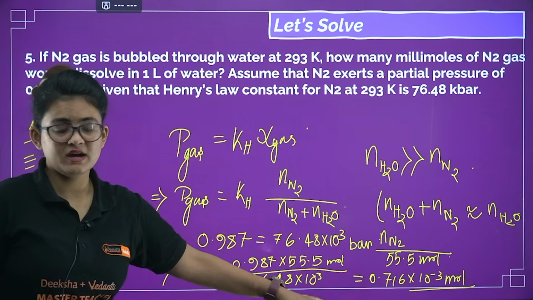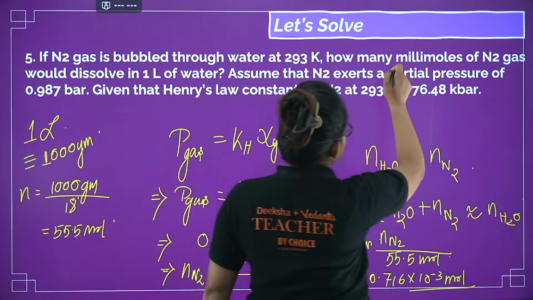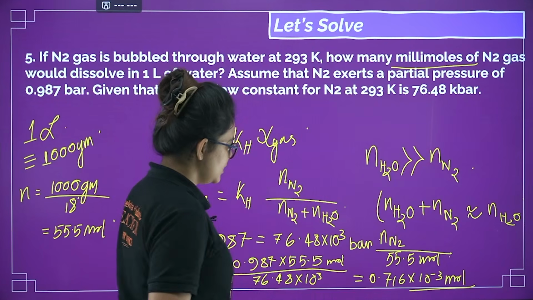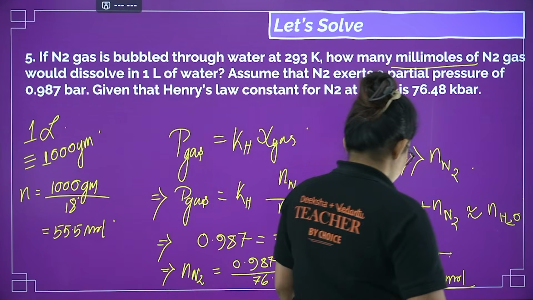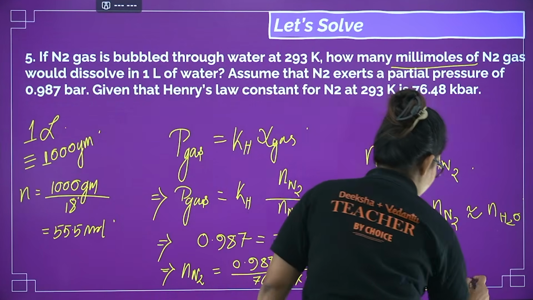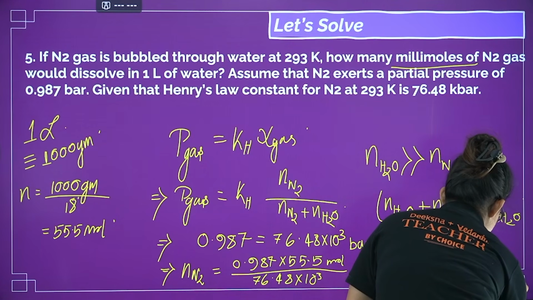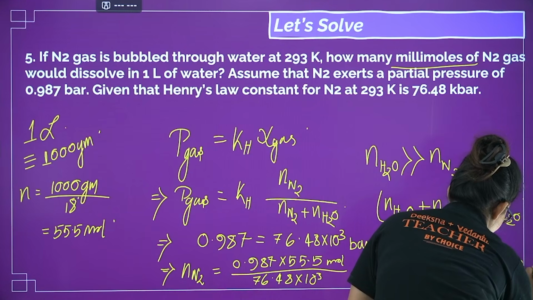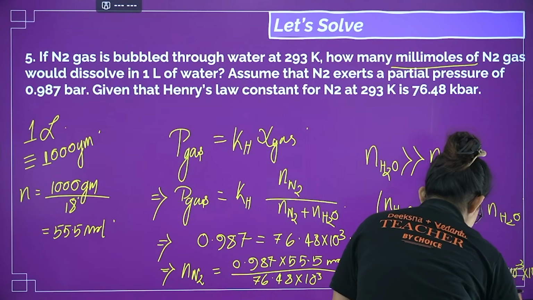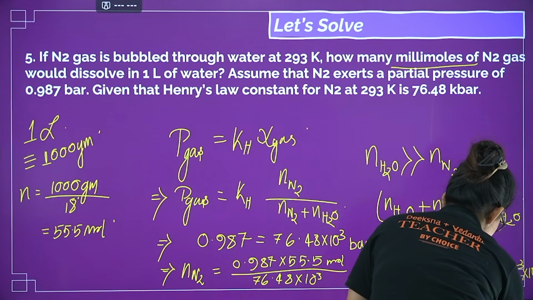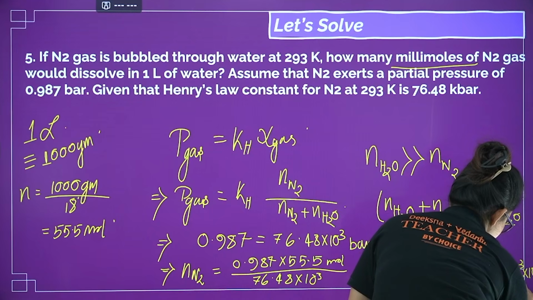So this is your mole. From mole I have to convert it to millimole. See, they are asking in the unit of millimole. So simply here I can do 0.716 into 10 power minus 3 into 10 cube. Millimole, if you want to convert, just multiply with 10 cube, you will get 0.716 millimole.